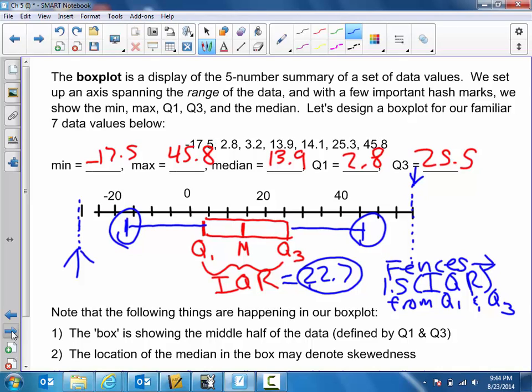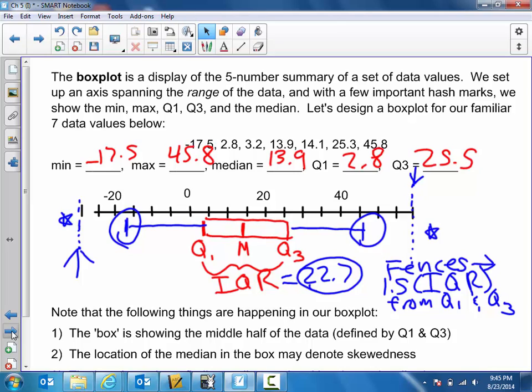If there are any data below this bottom fence, you would report that with a little tiny box like this, or a circle, or if you want an asterisk. It doesn't really matter. Those fences define for us where the outliers exist. So anything to the left of this bottommost fence would be an outlier for this data set. Anything to the right of this topmost fence would be an outlier as well.